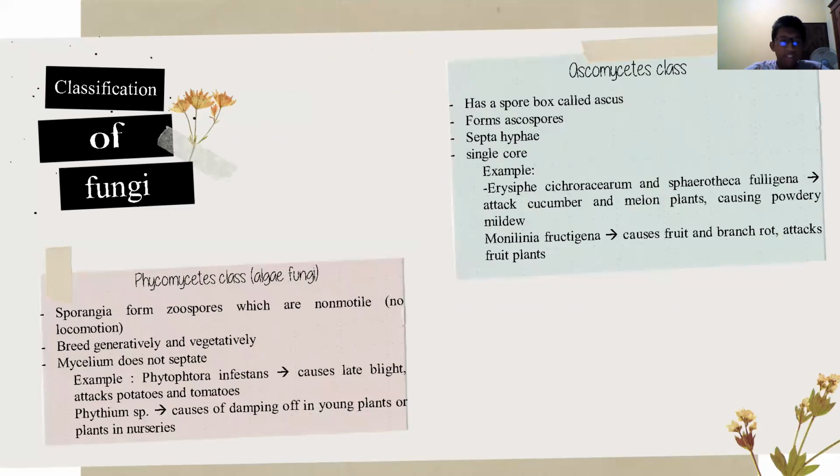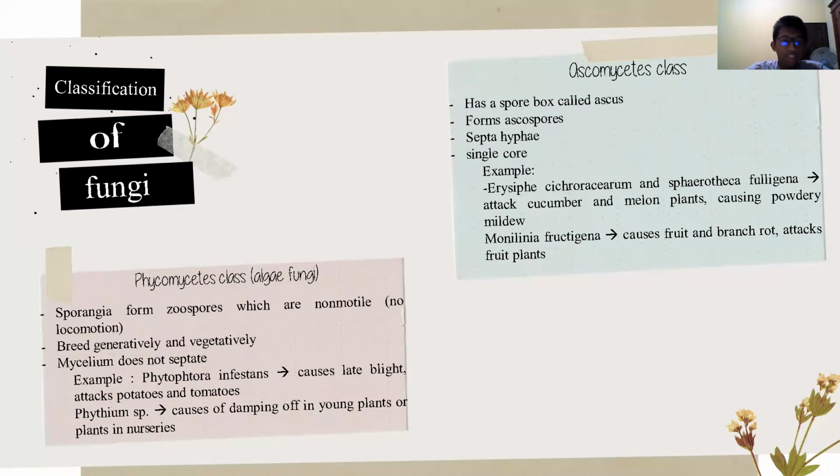The classification of fungi. The first one is the Phycomycetes class, or algae fungi. Sporangiospores are non-motile, and they breed generatively and vegetatively.